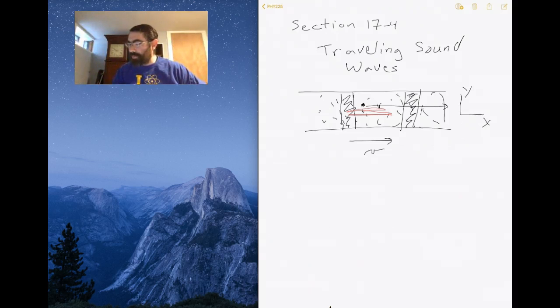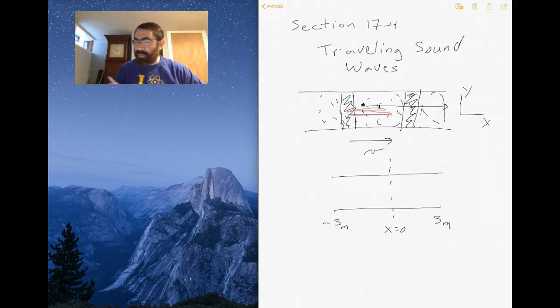the next one. So instead what we're looking at is a region of, say, total amplitude Sm, and you can go from minus Sm if this is x equal to 0. And so the air molecule is going to oscillate back and forth, in this sinusoidal motion.